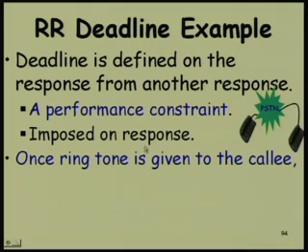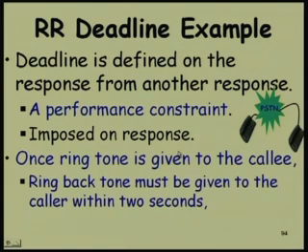Let us take an example. Now, the system gives a ringtone to the callee, the person whom you are calling, and within a certain time a ring back tone must be given to the caller. He knows that the number is getting called, right, ring is appearing, and that must happen quickly enough, so that he knows that okay, it is already ringing.